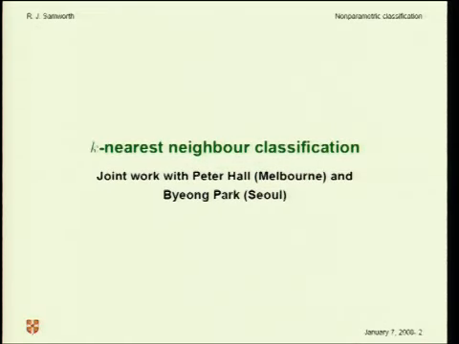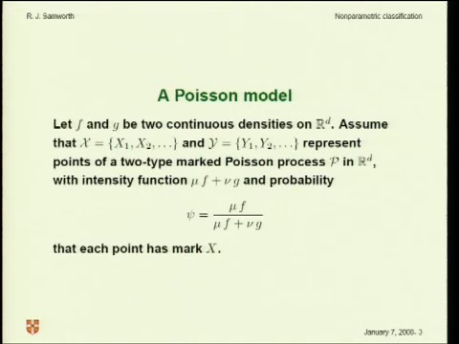So the setup of the problem is a fairly standard classification problem, except that I'm going to think about a Poisson model for the sample size. So we fix two continuous densities f and g on R^d, and we assume that we have points that come from a two-type marked Poisson process. That just means that each point in the process either has an x mark associated with it or a y mark associated with it.